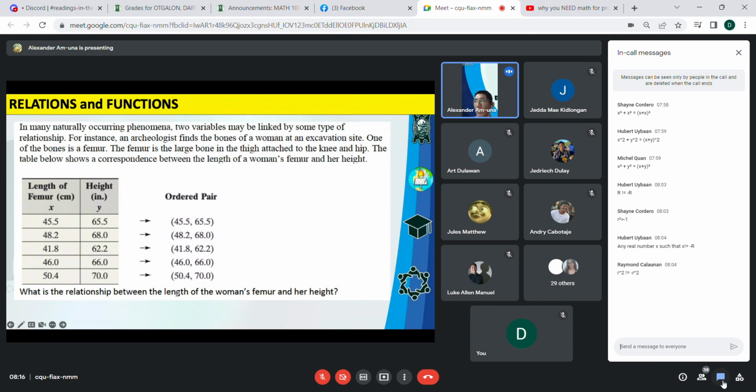By how long? The length of the femur is 1/4 the height of the human. Oh, all right. Could be possible.